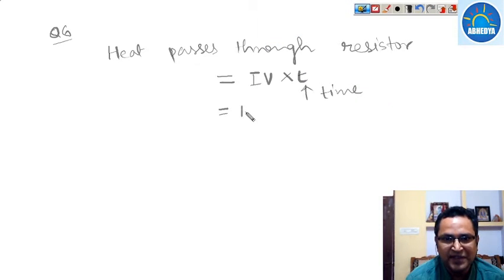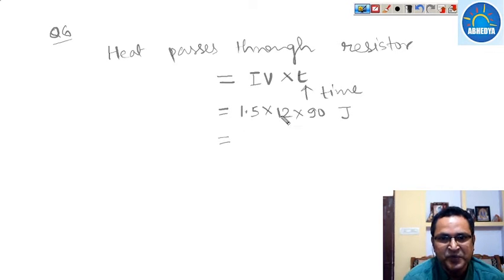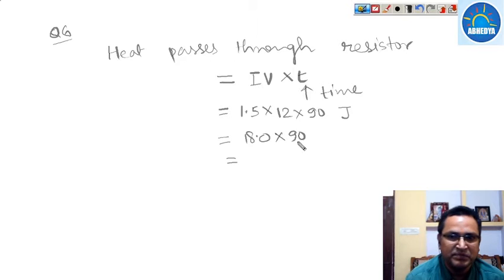So this much amount of joule heat is being transferred. If we calculate this, 18 multiplied by 90, this comes to be 1620 joule. Let me represent it as Q.